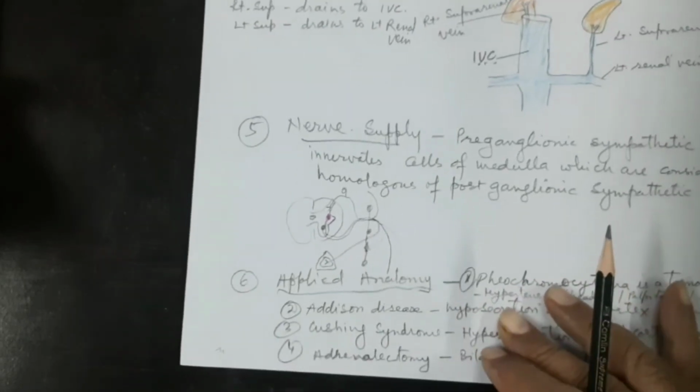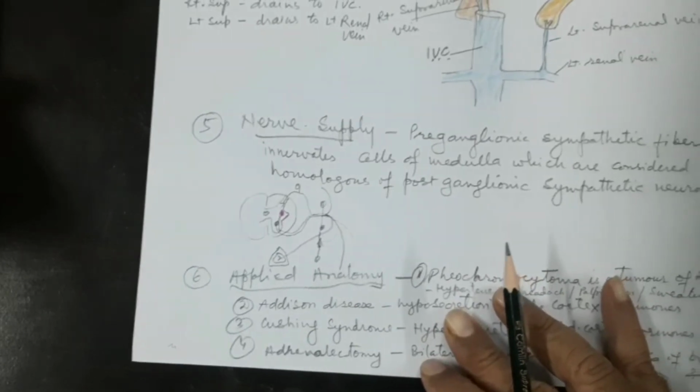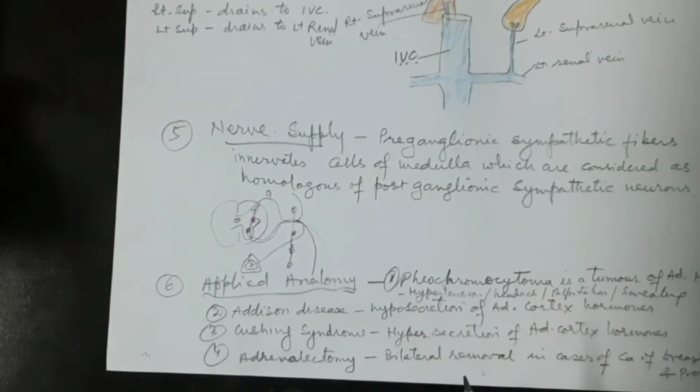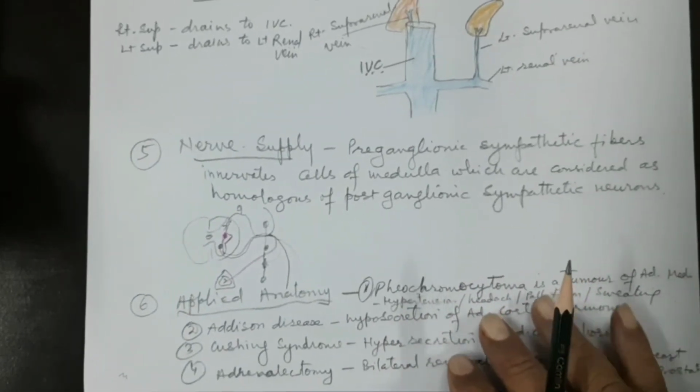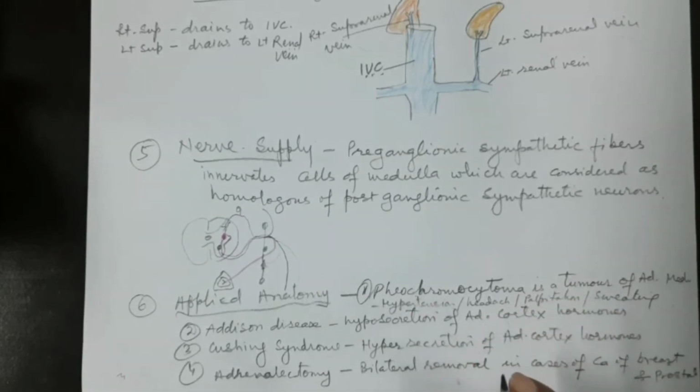Let us come to the nerve supply. Nerve supply of the suprarenal gland is important because the cortex is not supplied by nerves except the branches to the vessels. Otherwise, no direct supply is there to the cells of the cortex, because they are under the control of the anterior pituitary.